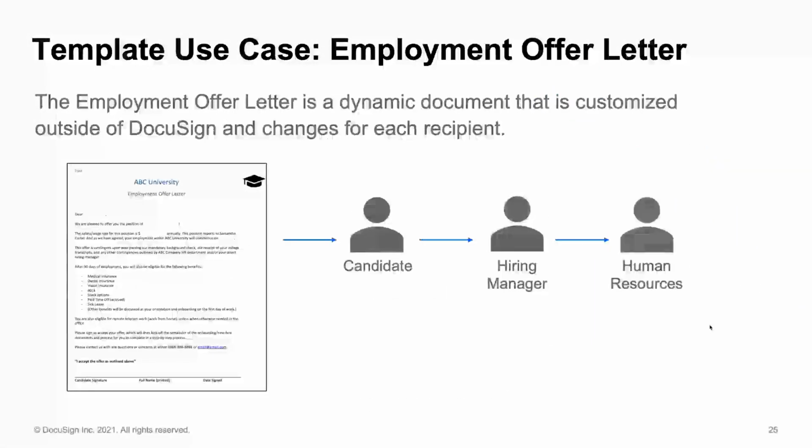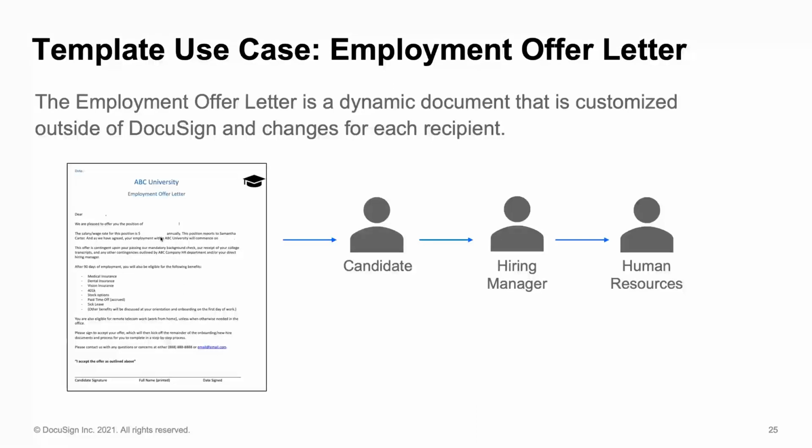So as an example, let's think about an offer letter. Offer letters are going to be different, as I said, for each candidate, right? We'll need to plug in the candidate's name, what their job title is, what their salary is, so on and so forth. So when we're building a template, we could use a placeholder document that has a lot of those components blank.